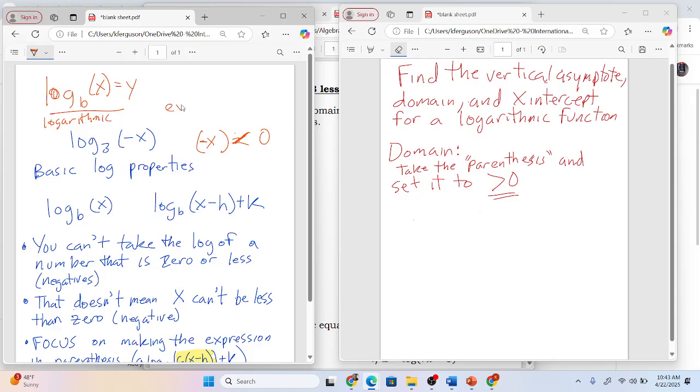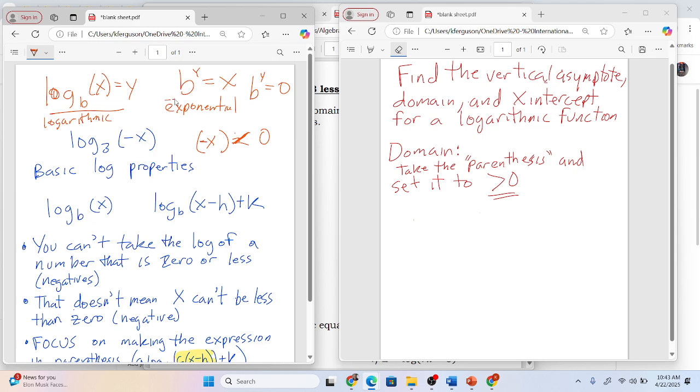The exponential form is b to the y power equals x. So in this case, b to some power is going to equal 0. There's no number and no power that I can take to a power that's going to give me 0. So that's why I can't have 0 here.